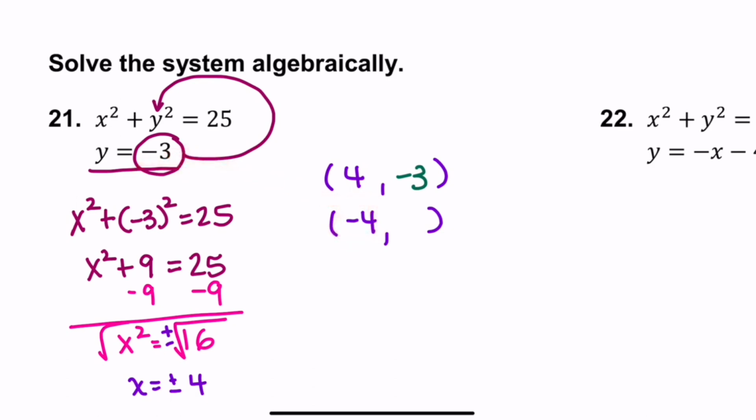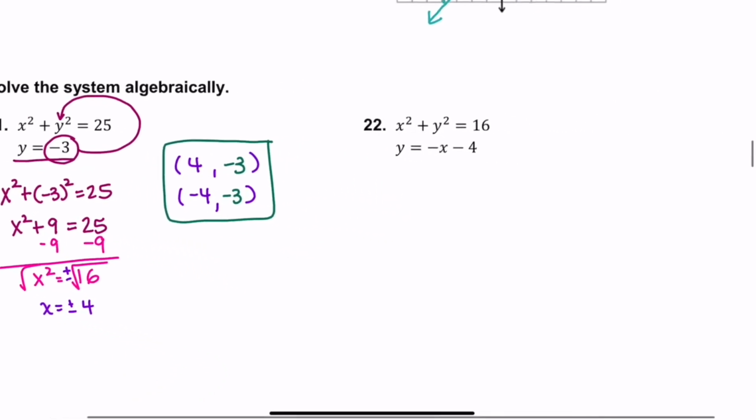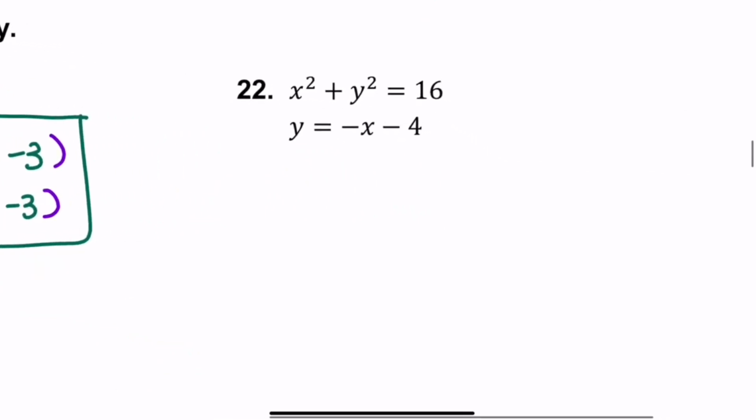The y will equal negative 3. So our two answers where the circle and the line will cross will be at 4, negative 3 and negative 4, negative 3.